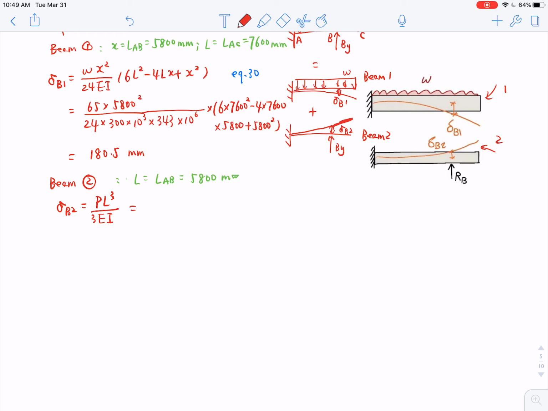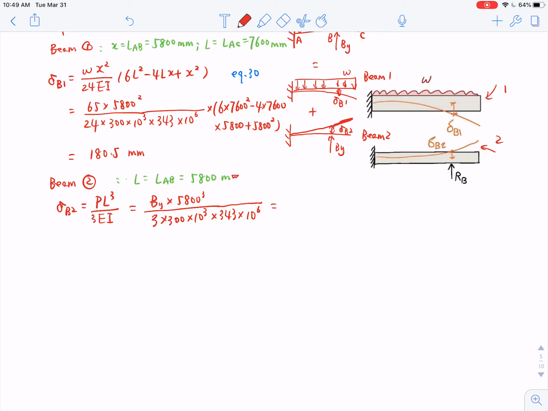Okay, so to expand this equation, you will get BY by 5,800 cube over 3 times 300,000, right? Transforming gigapascal into MPa, multiply 343 million.